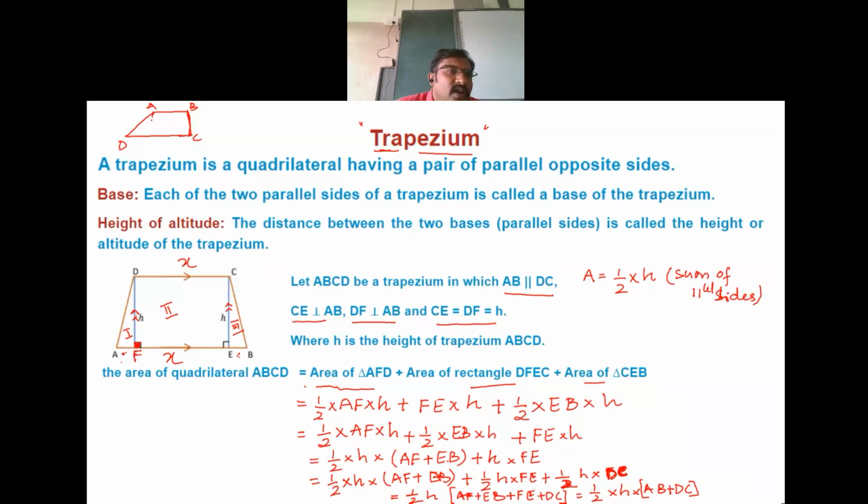If I draw only one perpendicular, say AE is the perpendicular, and if I draw a diagonal over here, it is area of triangle ADC plus the area of triangle ABC, isn't it? We can find the area of this particular triangle, but how do we find the area of this triangle? Can we find?